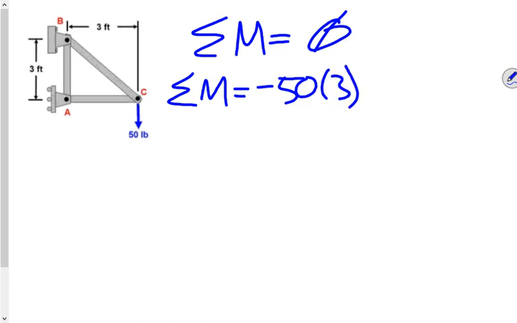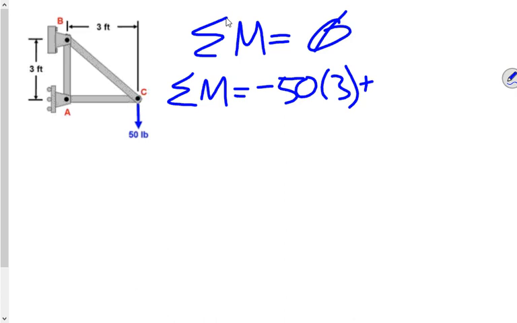Okay? And what's the other thing causing a moment here? What reactionary force? If the pin is here at B, A is going to be our reactionary force. It's fighting the other way. Right-hand rule will give you thumbs up.